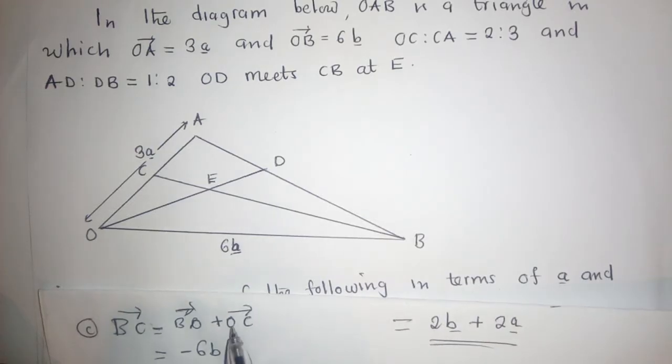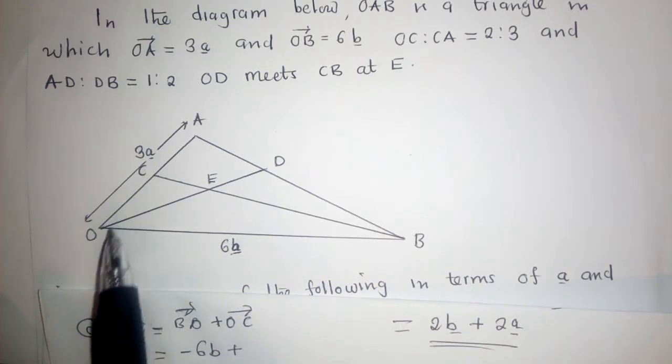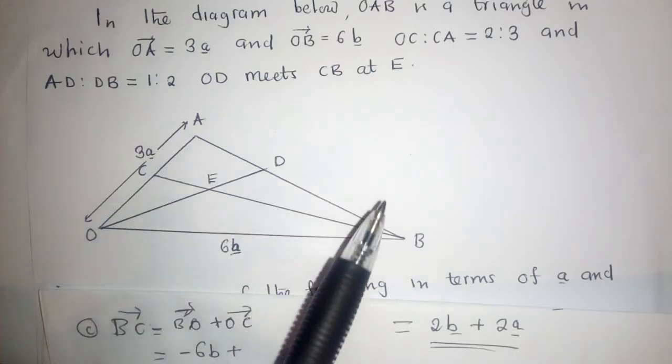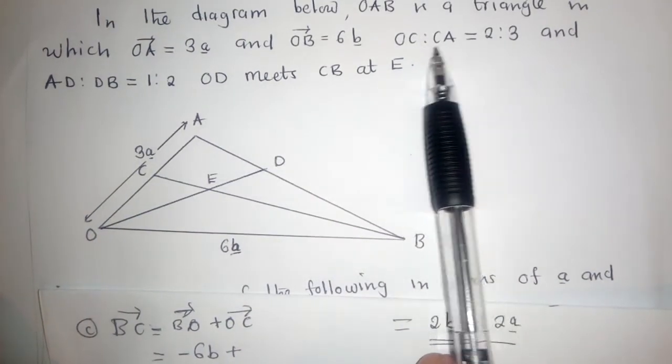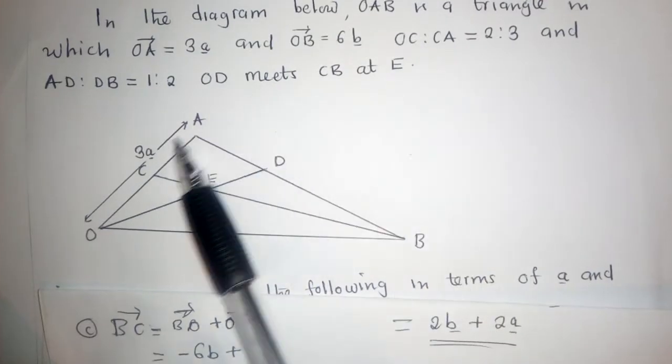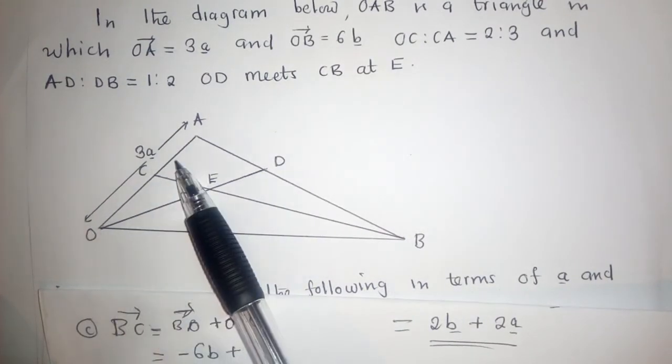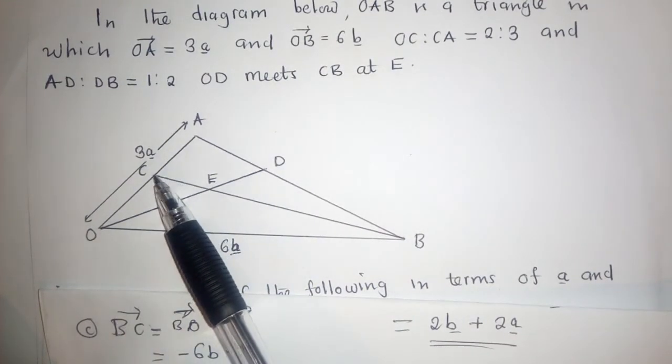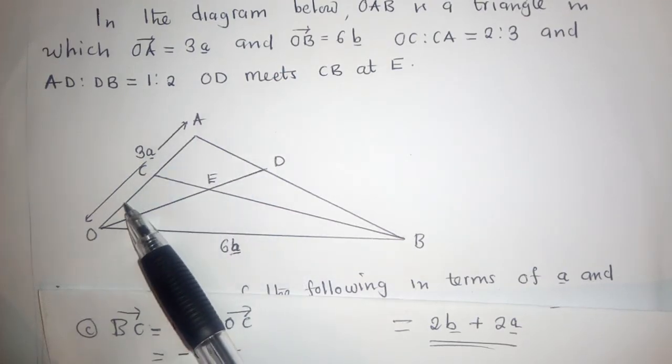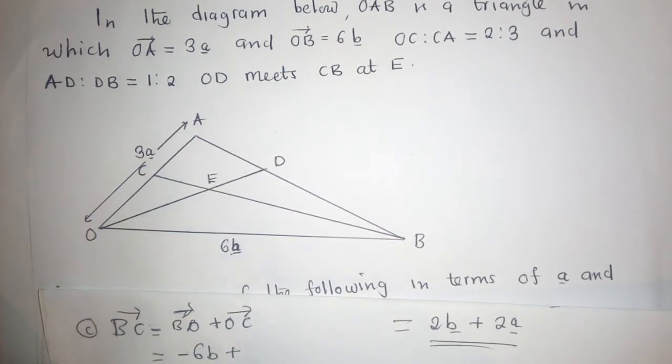And then what is our OC? For OC, we use the ratio, which is here. Remember, they've said OC to CA is equal to 2 to 3. So remember what we do?